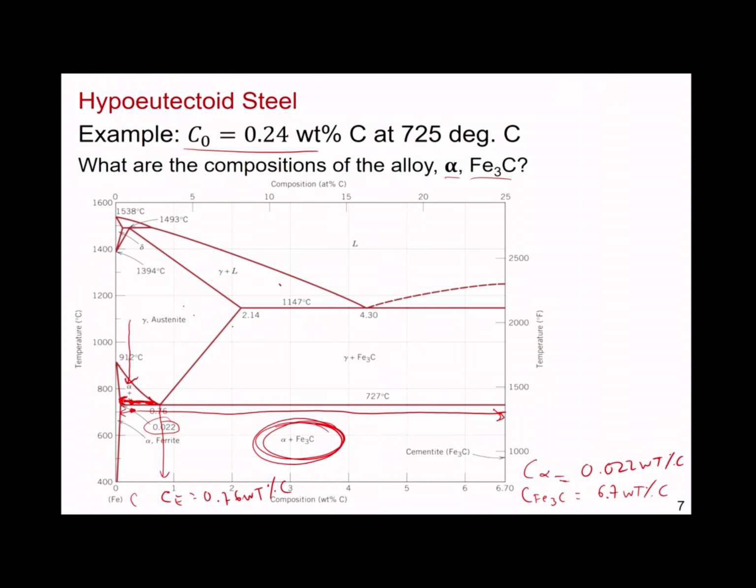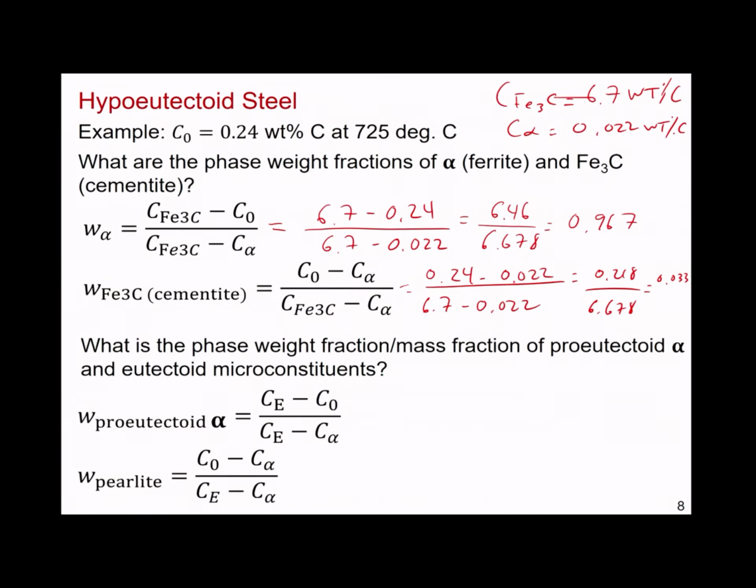Okay, so you can use the lever rule in the two-phase region where it's alpha and gamma. So pro-eutectoid alpha and gamma. And so if you do that, you can determine the weight fraction of pro-eutectoid alpha, minus your composition, divided by the entire length.